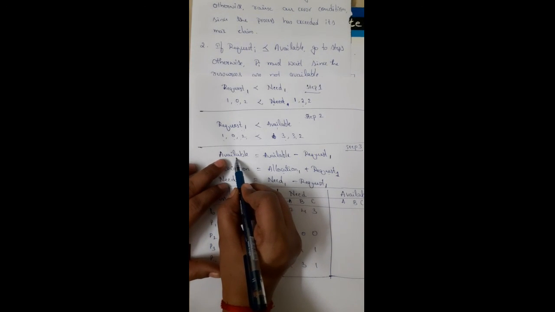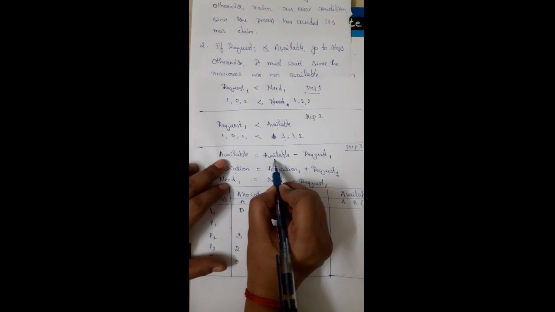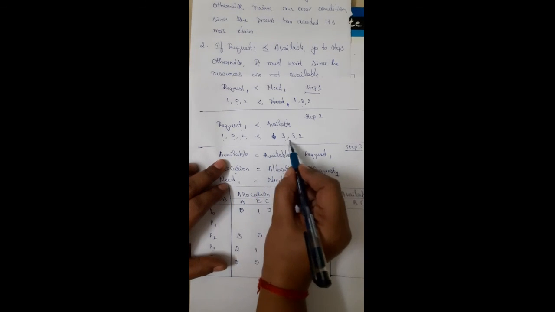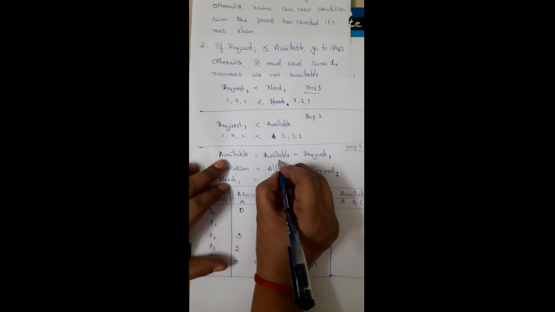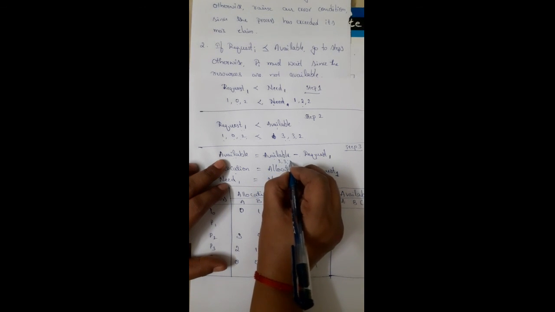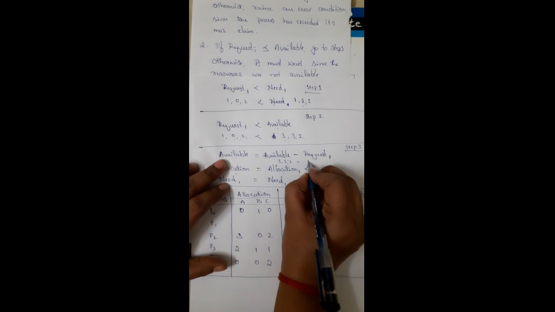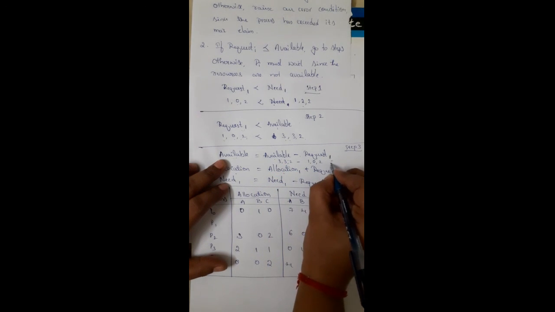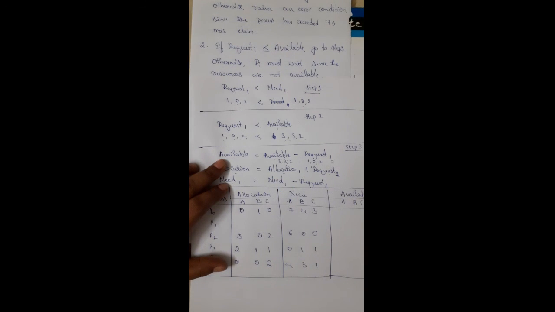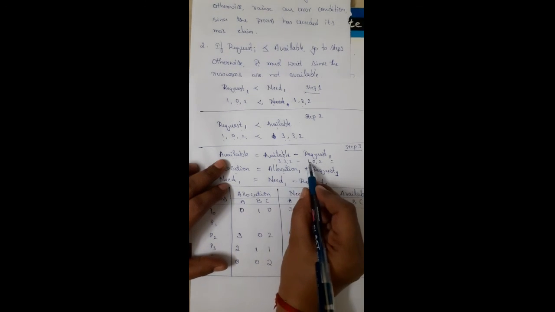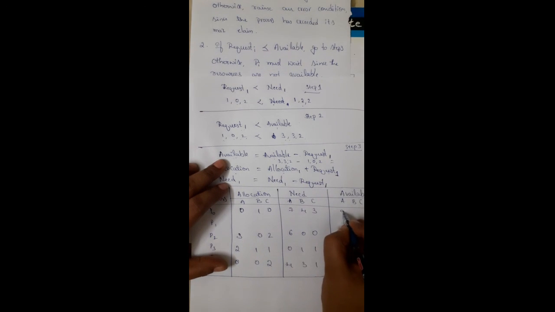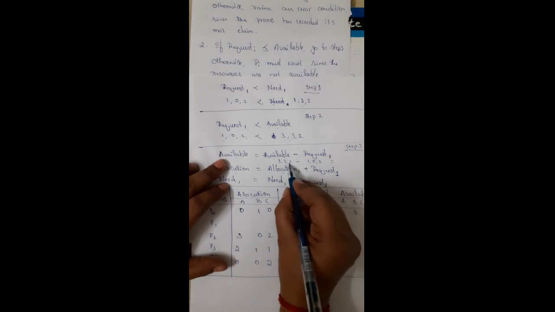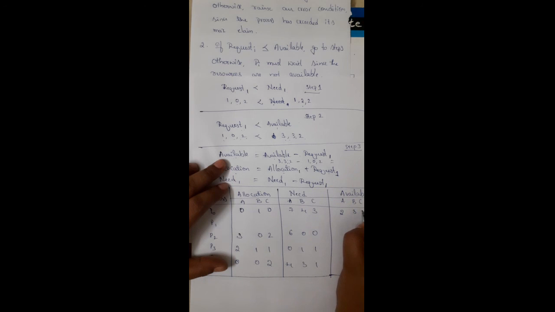Available is 3 3 2 minus request 1 0 2. 3 minus 1 is 2, 3 minus 0 is 3, 2 minus 2 is 0.